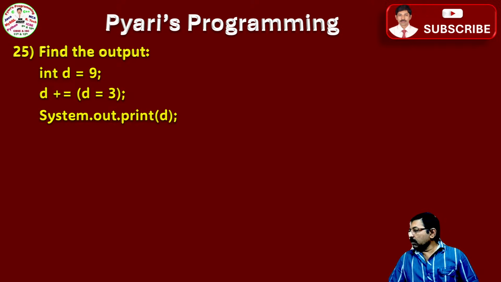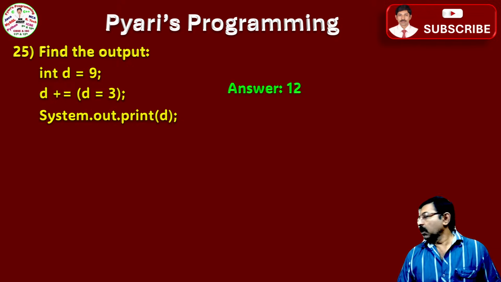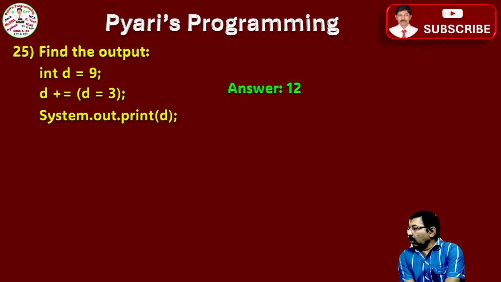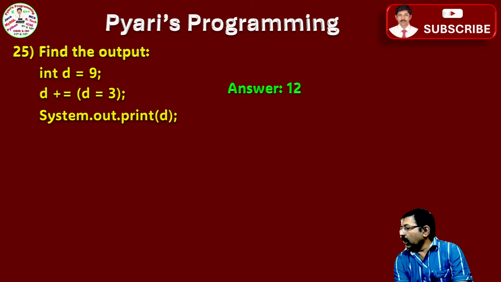Good, correct answer. I don't think anyone needs any explanation. Already your senior Arpita has explained the reason. At first the value of D is 9, yes. Thereafter the shorthand operator will have 9, good.